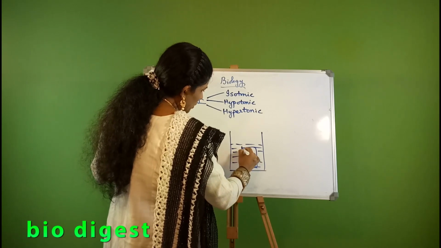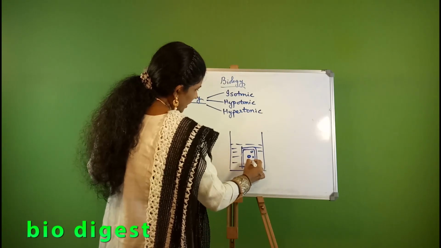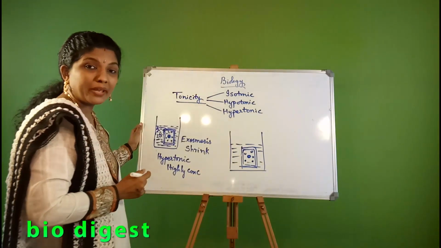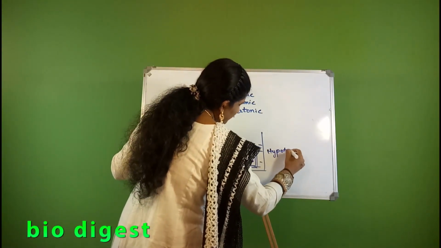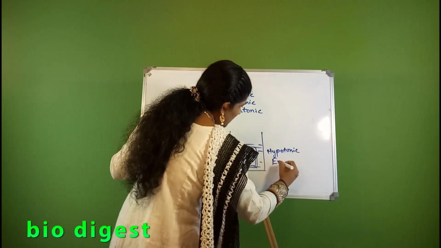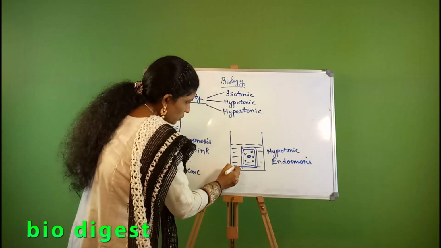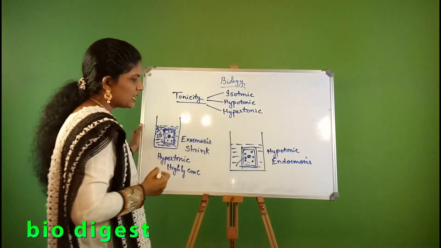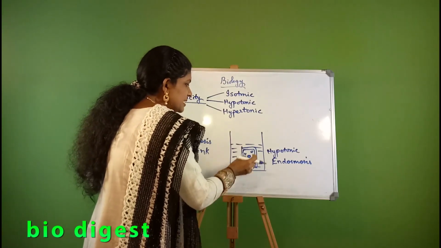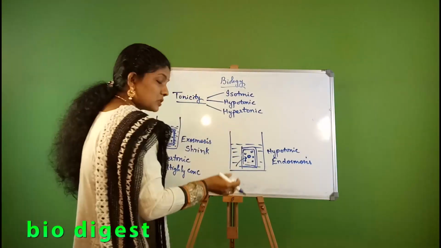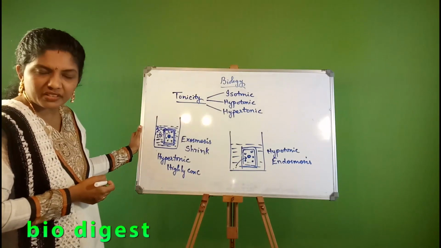If you place a plant cell like this in a hypotonic solution, what will happen? Endosmosis will take place. That means water molecules will move from outside to inside of the cell because there is more solute inside than outside.